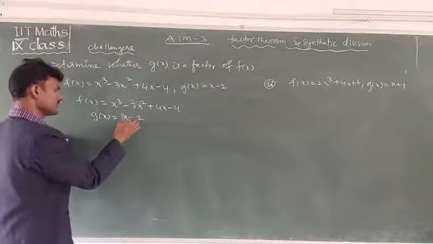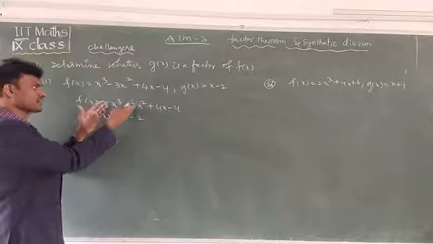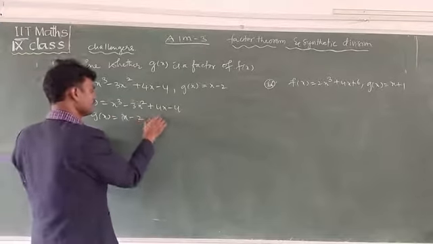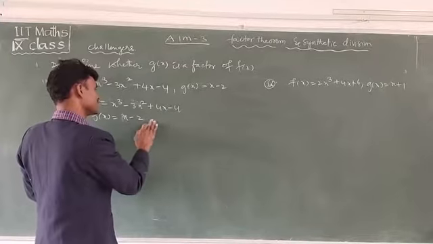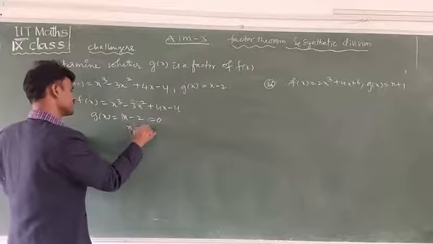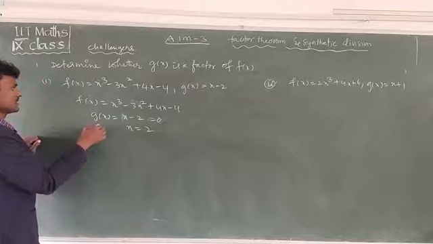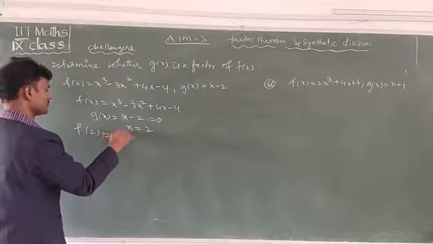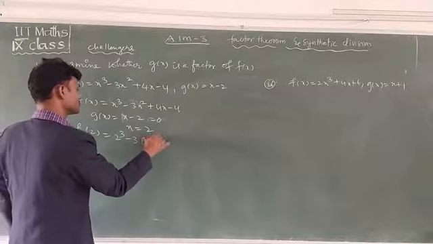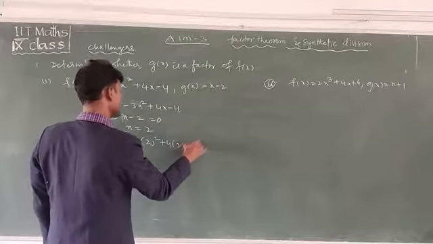Then g of x is a factor of this means g of 2 is equal to 0. Then x minus 2 is equal to 0 means x is equal to 2. Then you can substitute here 2. F of 2 is equal to 2 cube minus 3 into 2 square plus 4 into 2 minus 4.